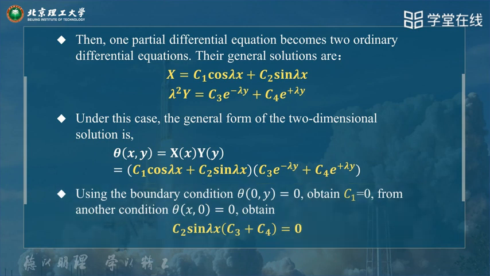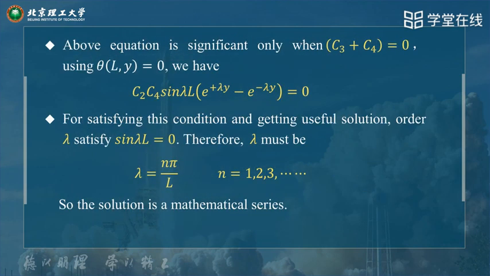So we can use the boundary conditions to calculate the integration constants. The solution is nontrivial only when C3 plus C4 is 0. Using theta(L, y) equals 0, we obtain C2 C4 sine lambda L times (e to the power lambda y minus e to the power minus lambda y) equals 0.